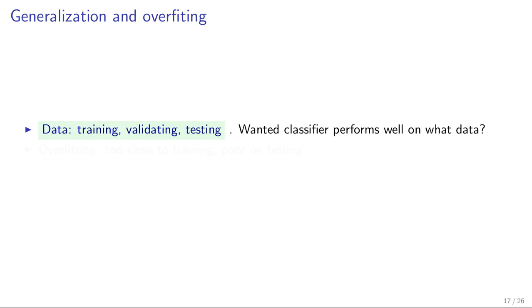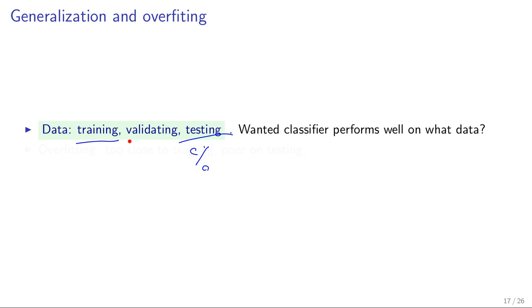In practice, you have 3 different sets. Well, the first basic division, you need to have a training set and a testing set. And so that means you have an independent testing set. So after you train your classifier, you have an independent testing set on performance, and then you have a more realistic idea.